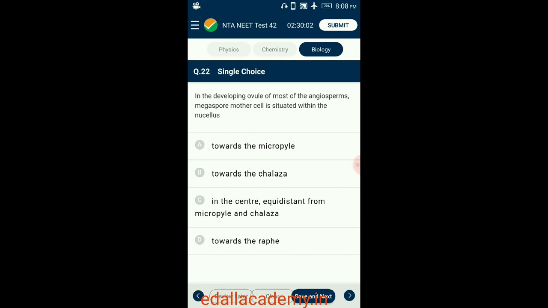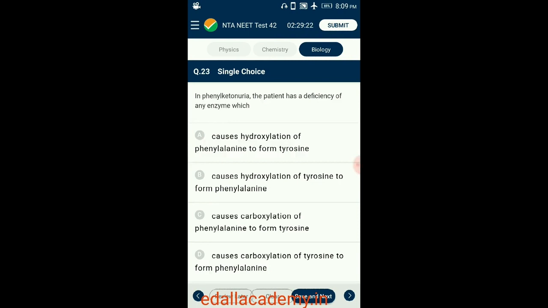It undergoes meiosis to form a linear tetrad of 4 haploid megaspores. Out of these, 3 megaspores towards the micropylar end disintegrate. The one toward the chalazal end is the functional megaspore. It undergoes further cell division. So the answer for this question is option A, the functional megaspore.